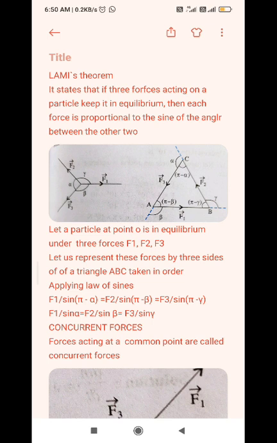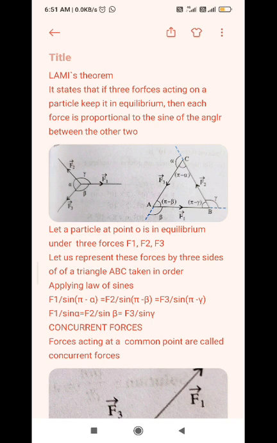So that is a triangle, and they are taken in the same order: AB, BC and CA. When the forces are represented by the three sides of a triangle taken in order, this is also a condition for equilibrium, the net force on the particle is 0.